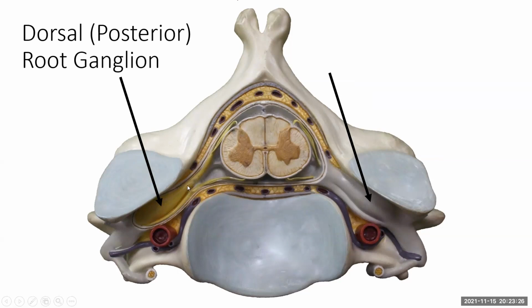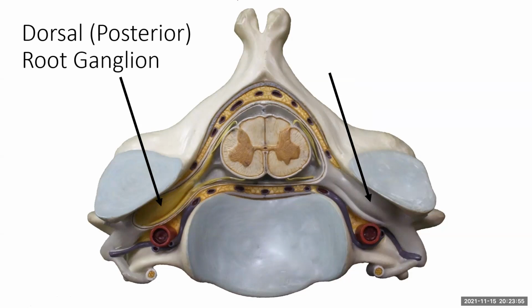And that's our posterior root ganglion, also known as the dorsal root ganglion. This is the location of those cell bodies for those first order or primary neurons that are coming from the receptors located in the periphery towards the spinal cord. So the cell bodies for those neurons will be located in our posterior root ganglion.